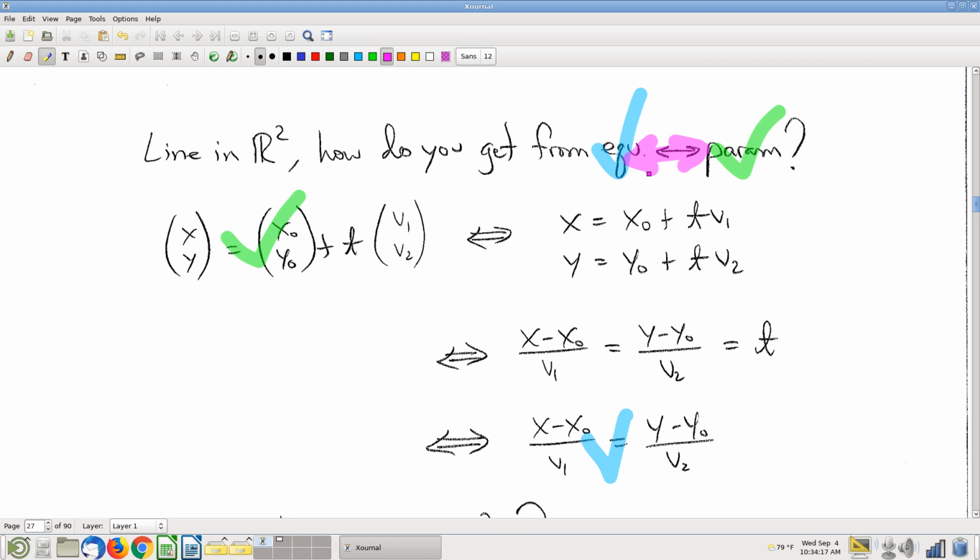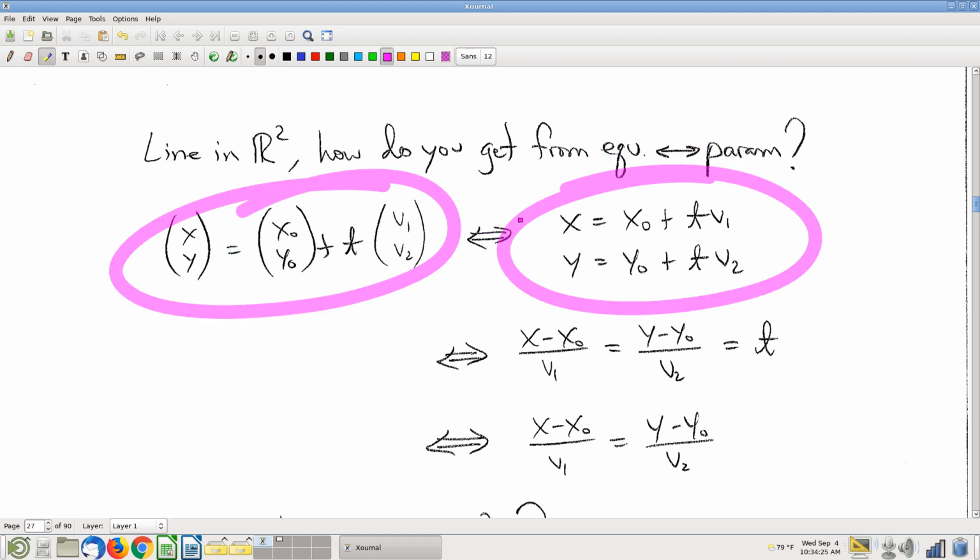And there's a lovely little argument here. It goes like this. Let me just talk about the algebra. This parameterization, I'm going to write one coordinate at a time. There it is. I'm just expanding coordinates. Keep in mind what this means.